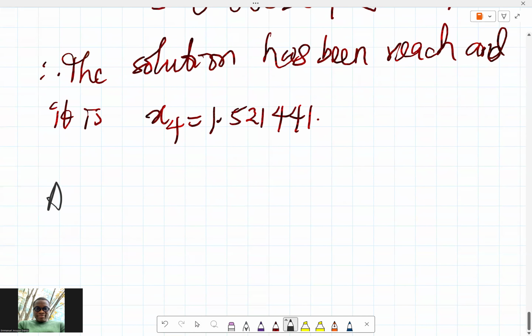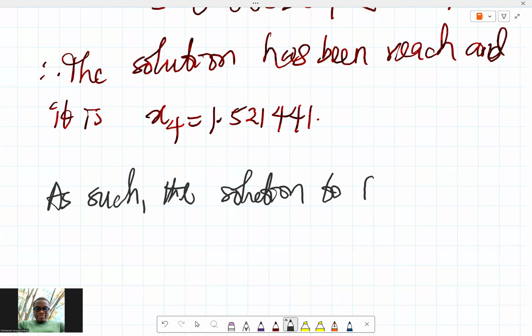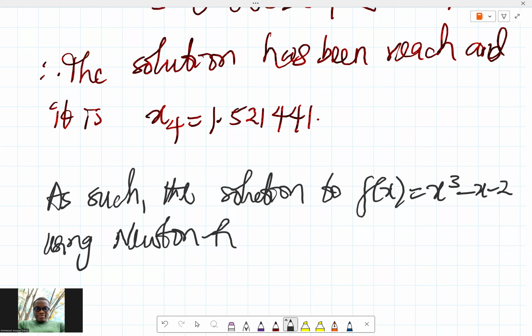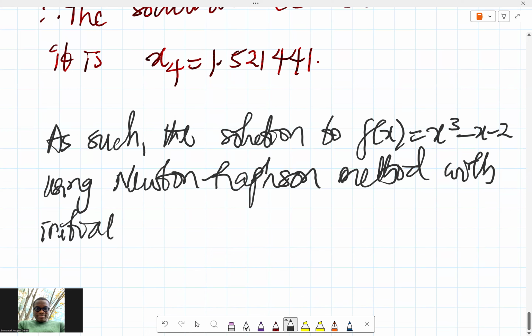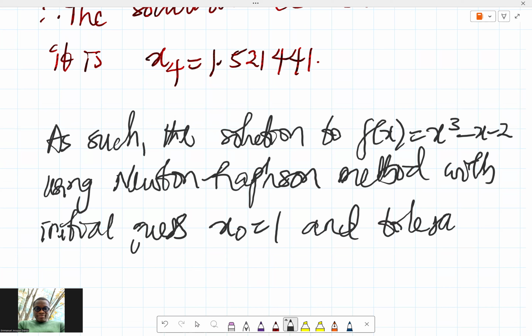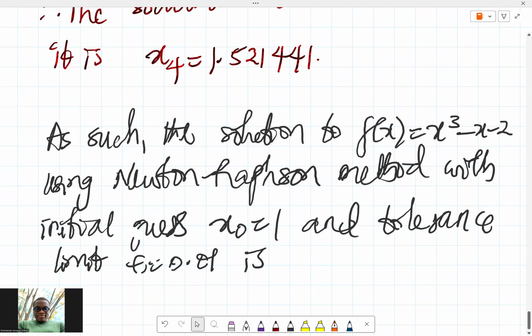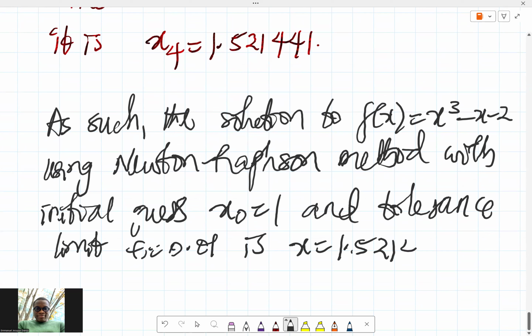As such, the solution to f of x equals x cubed minus x minus 2 using the Newton-Raphson method, with initial guess, you know, those conditions are important, with initial guess x naught equals 1 and tolerance limit epsilon equals 0.01, is x equals 1.521441.